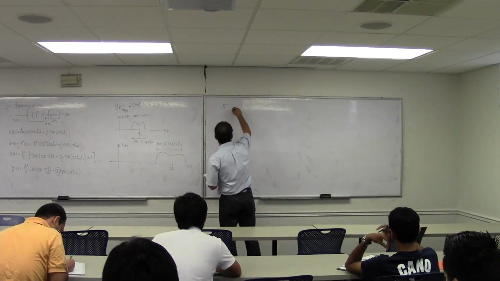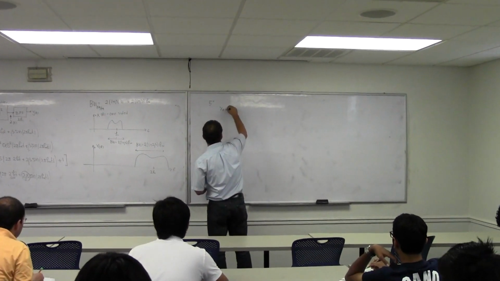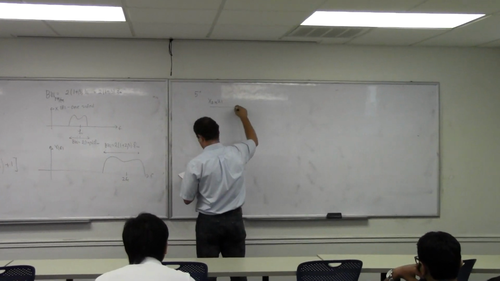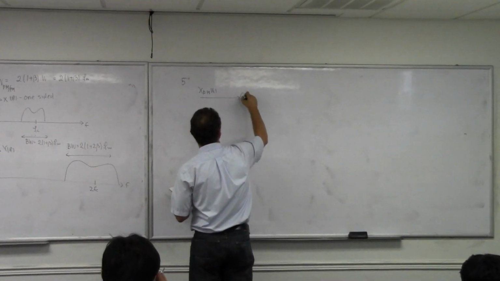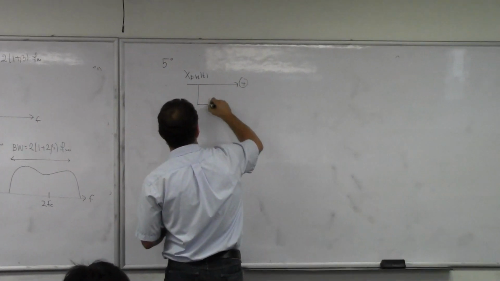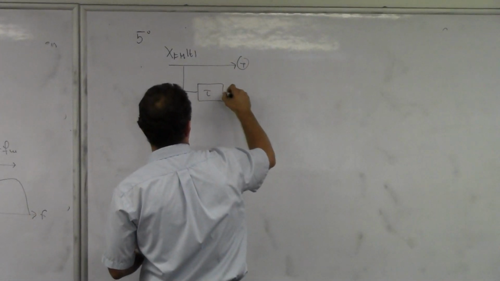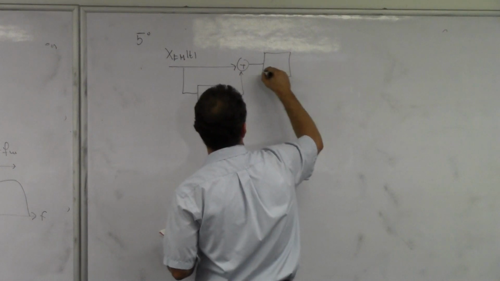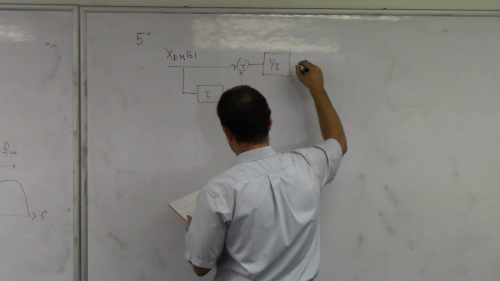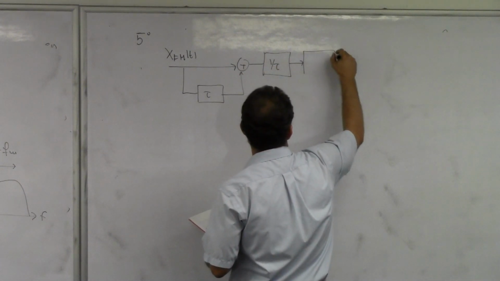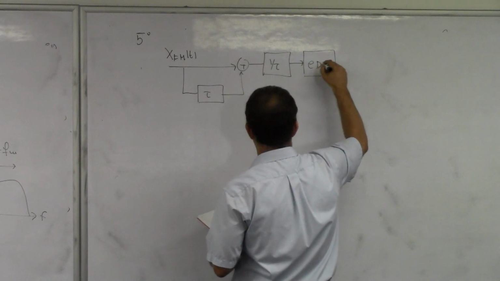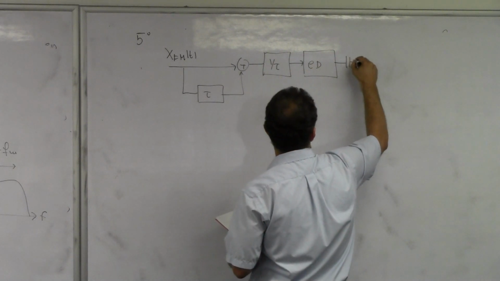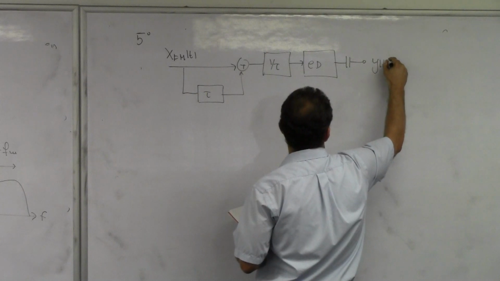But here's the system I have: X_FM of t, and I feed this into a block diagram, and here I have a envelope detector and DC blocker, and this is Y of t.